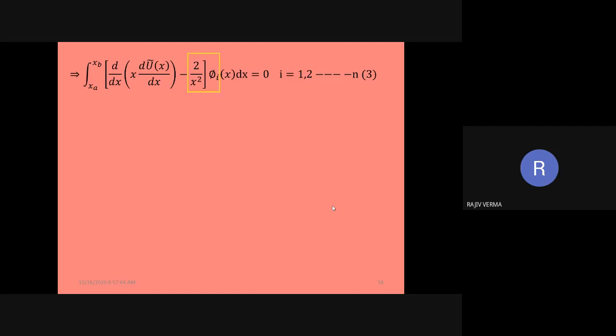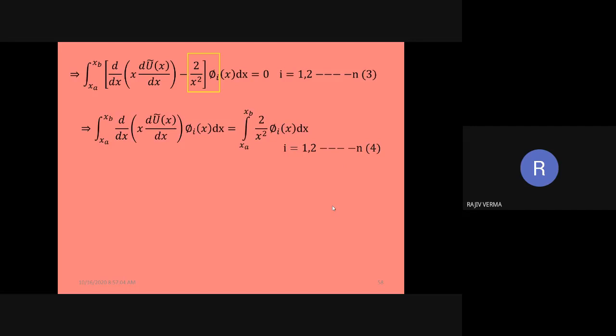Now kindly notice that in this particular equation number 3, there is a second term on the left of the equality sign, which is 2 divided by x square. This particular term is a known quantity, of course. It is a known quantity because it contains only x. This can be transferred to the right of the equality sign, and on the left we are going to have only the unknown quantity represented by u.